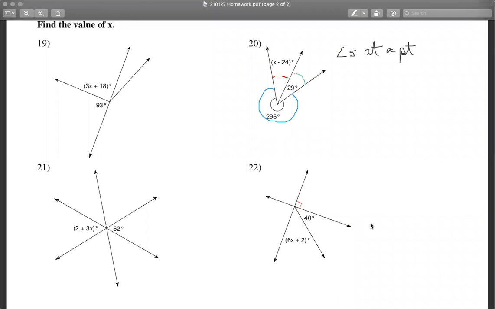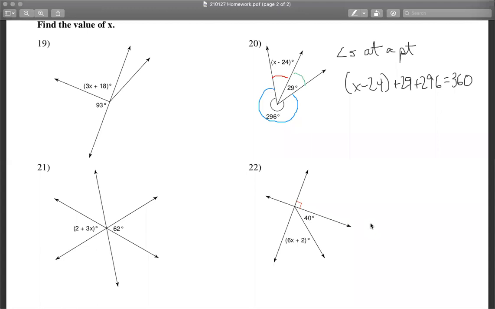And that means that the measure of, well, it doesn't even tell me, so I'm not even going to write the measure of. It doesn't give me an angle name. So I'm just going to say x minus 24 plus 29 degrees plus 296 all have to add up to 360 degrees because there's 360 degrees in a full circle.